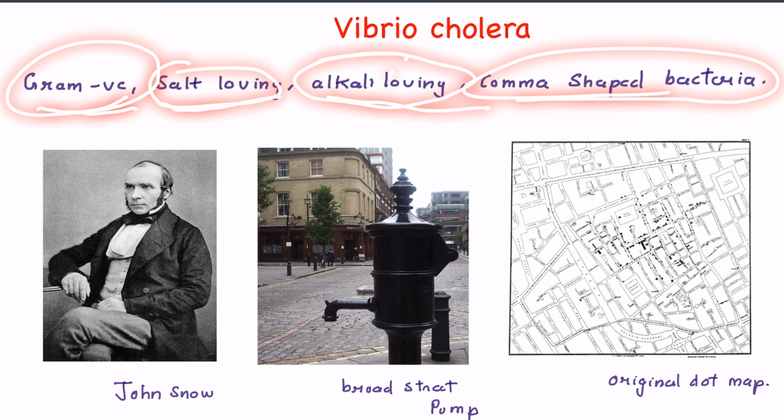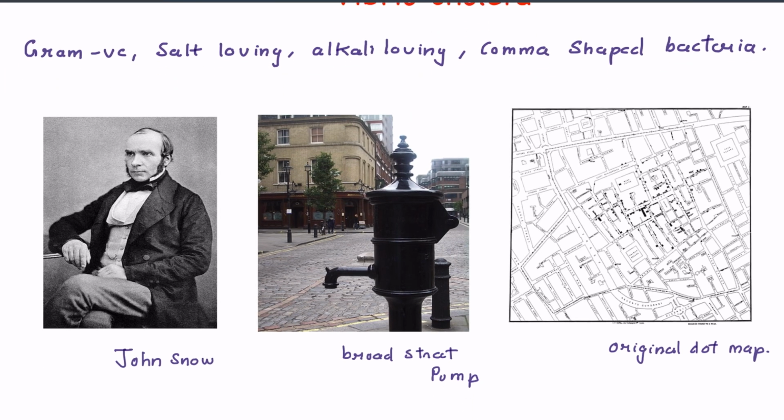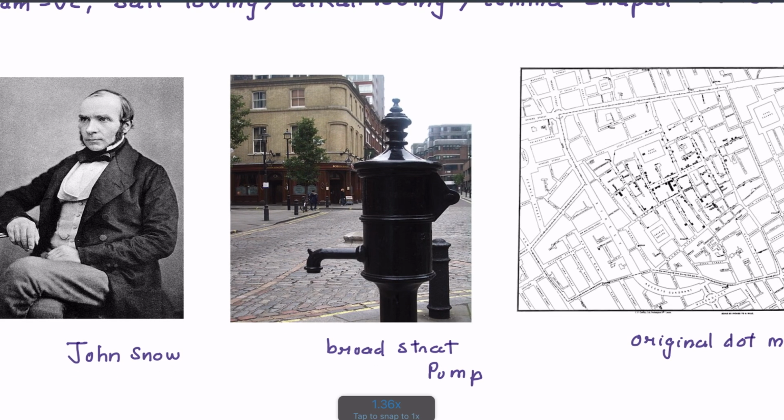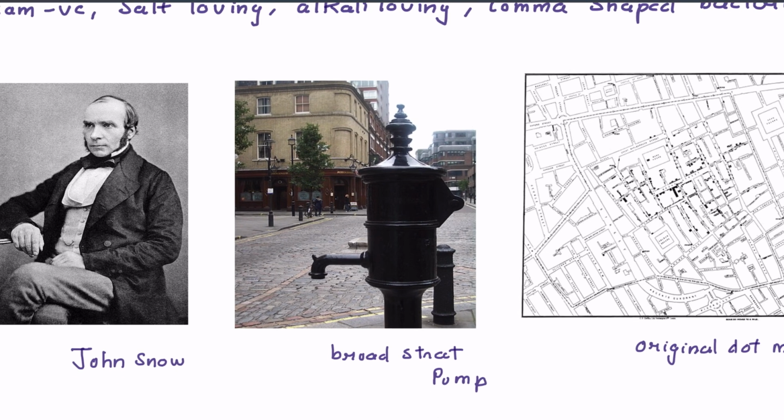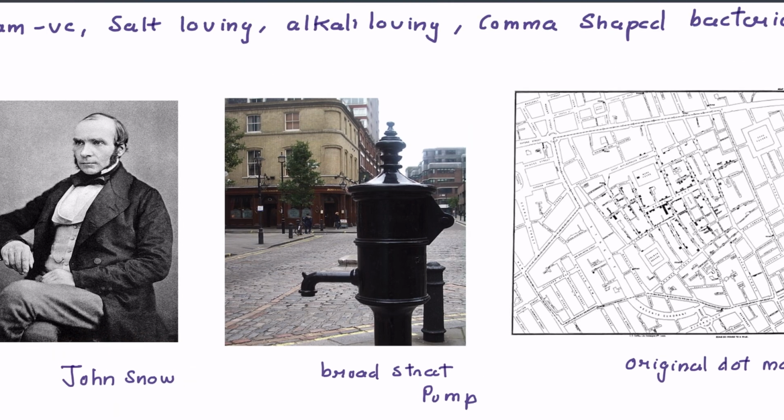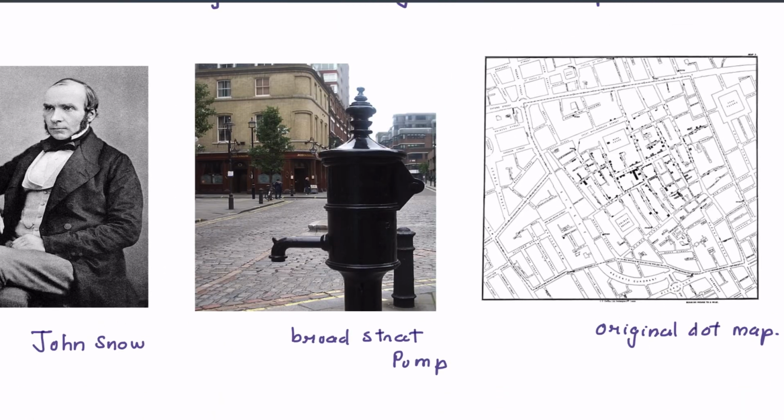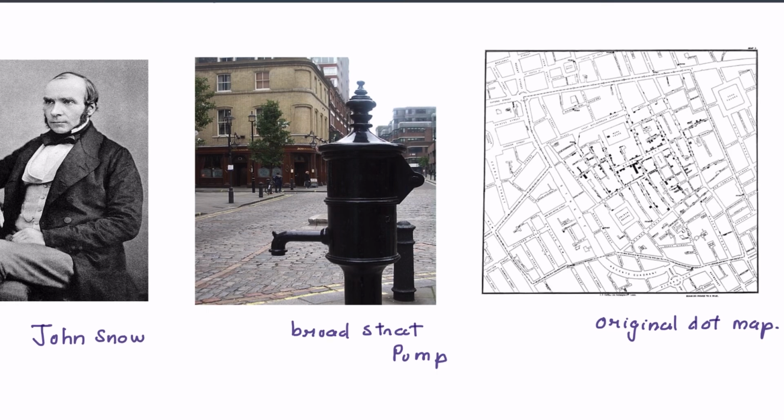Before I proceed, I want to tell you a small story. So this is Mr. John Snow. He was a medical student in London around 1847, 1857. He observed that in his locality there was an outbreak of cholera.